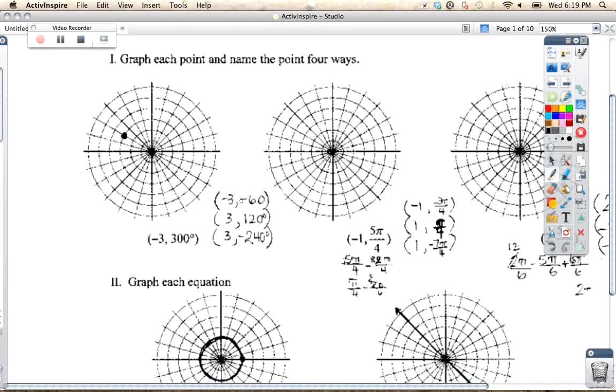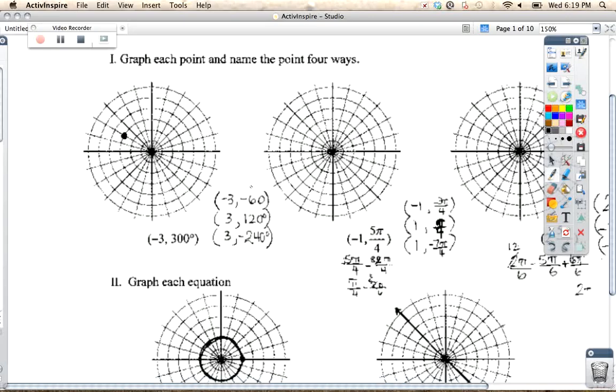The way that I'm going to find the first one with -3 is to start by looking for the coterminal angle to 300 degrees. In order to find the coterminal angle for 300 degrees, I'm going to take 360 subtracted from that 300. When I do that, 300 minus 360 is going to give me -60.